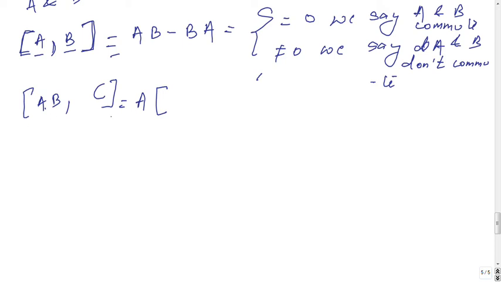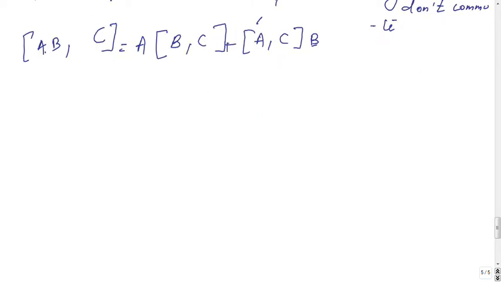I take this a out of the commutator and take the commutator between b and c, similarly I take the commutator between a and c and write the b on the right hand side of this commutator.